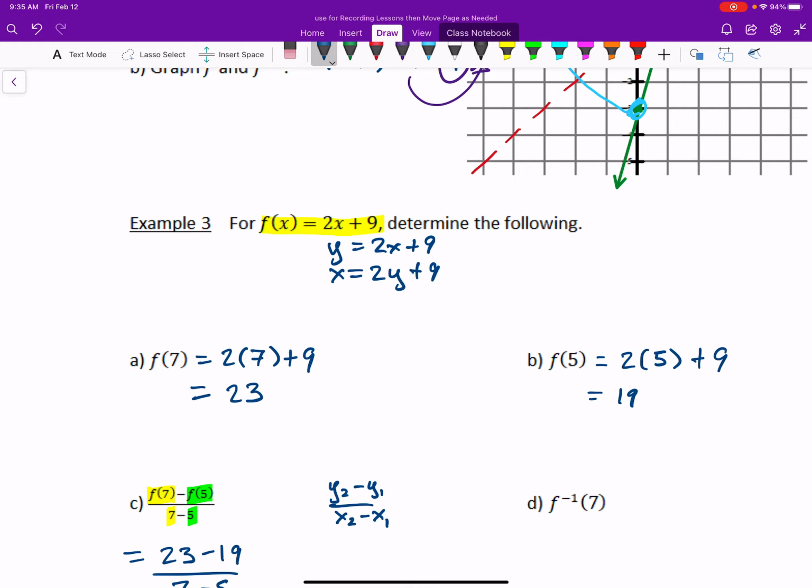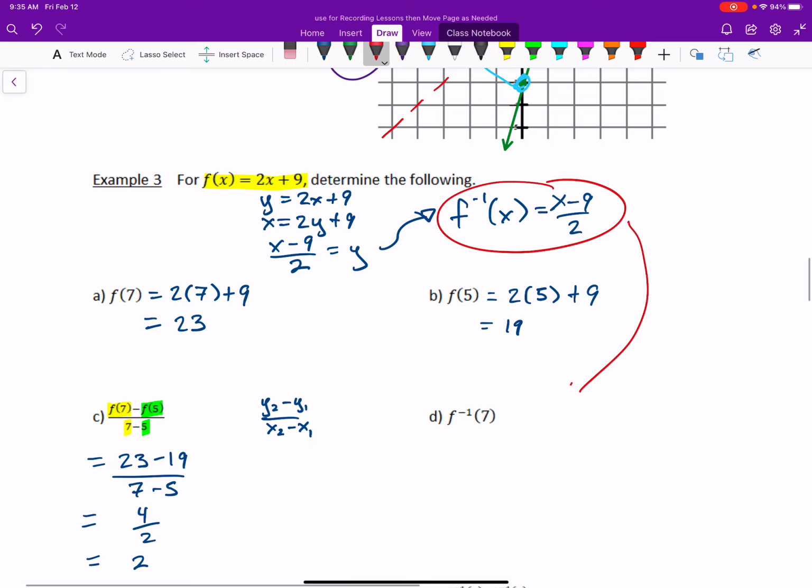Again, if I try to isolate the y, I would subtract 9 from each side and then divide by 2. And then I'd rewrite it in function notation. So f to the negative 1 of x would equal x minus 9 over 2. And this would be my equation of my inverse.